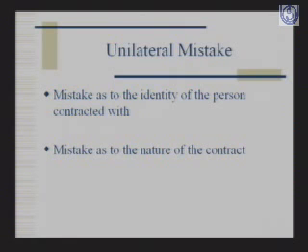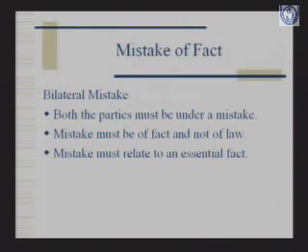One-sided, that is unilateral. When there is a mistake on the part of one party, the contract is valid. The party cannot avoid the contract. They are bound to perform the contract. Then bilateral means two-sided, when both parties are under a mistake of fact.